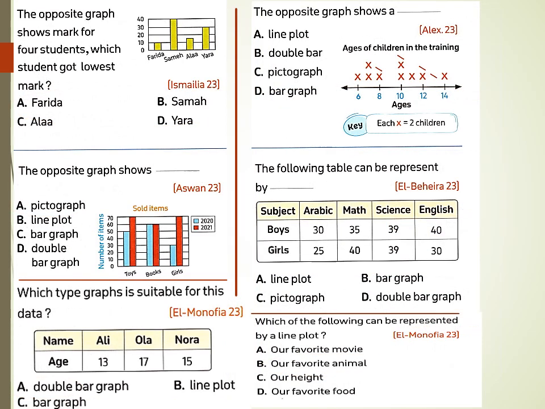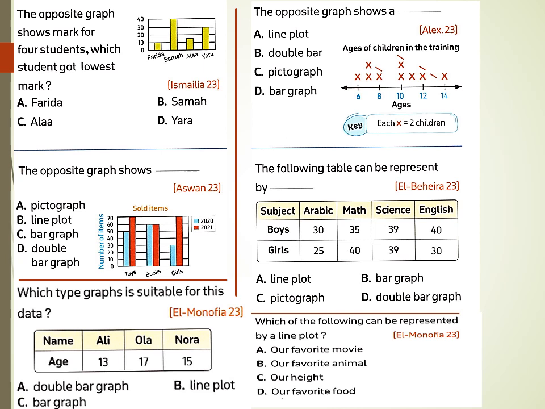The opposite graph shows marks for 4 students. Which student got the lowest mark? Where is the smallest or the shortest column? We find that Farida has the lowest mark. The opposite graph shows pictograph, line plot, bar graph, or double bar graph.